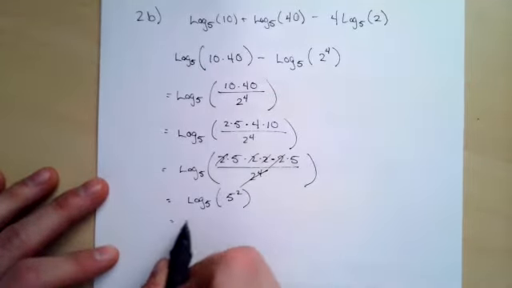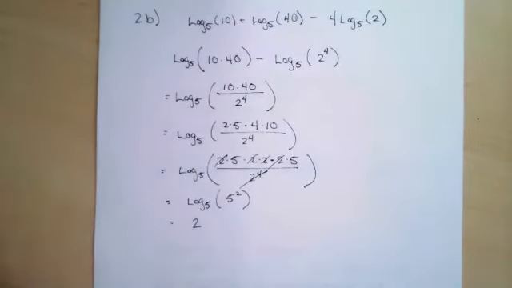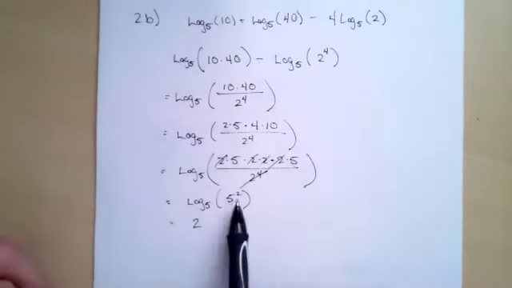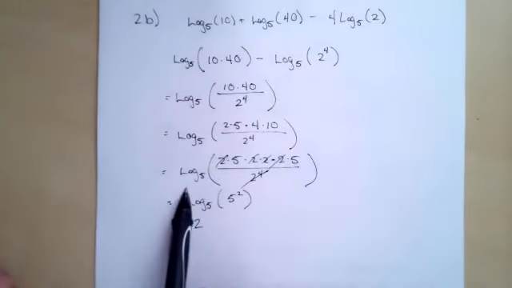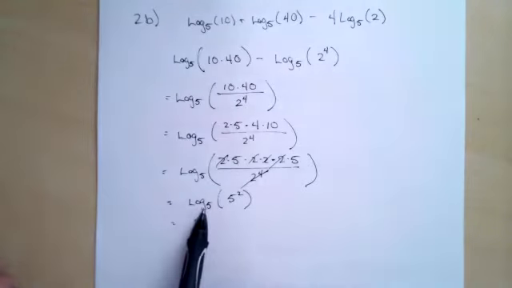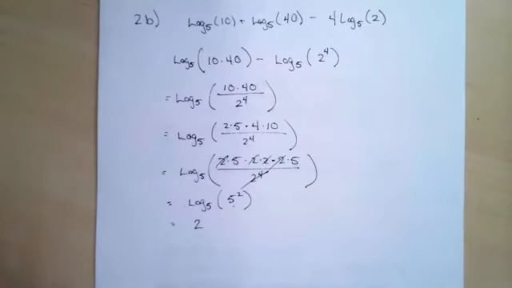And that will simplify to 2. Now we have the base of the log and the exponential the same, so they essentially cancel out and we are left with the argument. Of course, the other thing you could do is bring down this 2 out front as multiplication, and it would just be 2 times log base 5 of 5, which is 1. So 2 times 1.